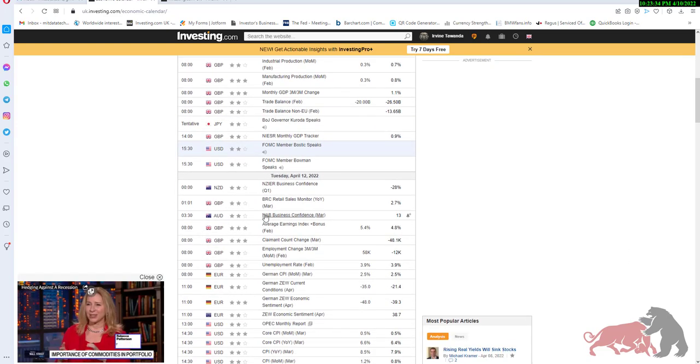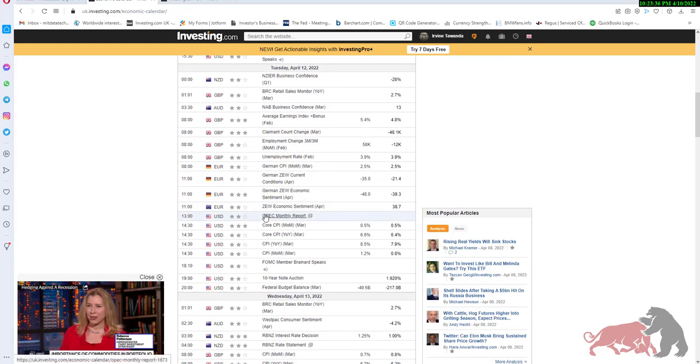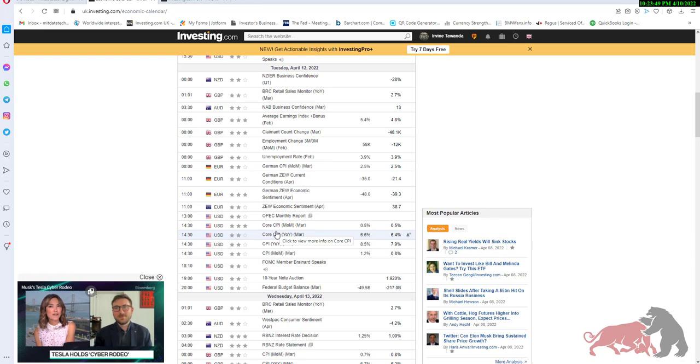Then looking ahead to Tuesday, we've got the German economic sentiment. This should also push Euro USD. Then we've got the core CPI. If you remember correctly what we spoke about, for those that were in class, these numbers are going to be crucial.